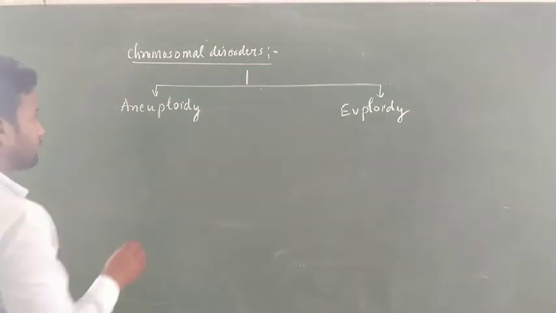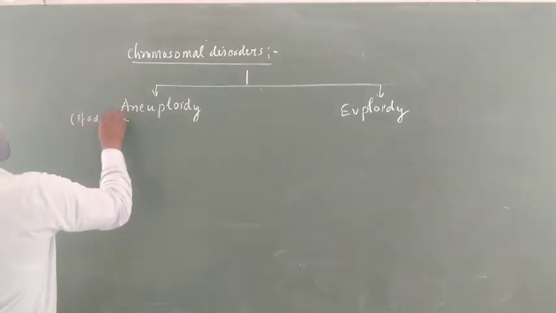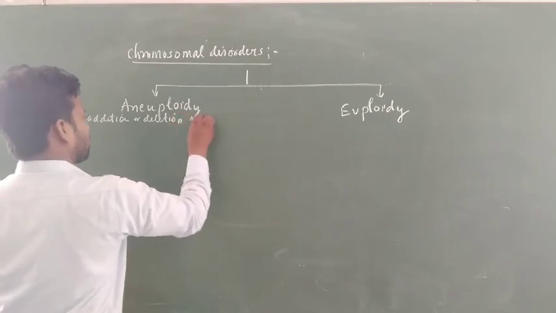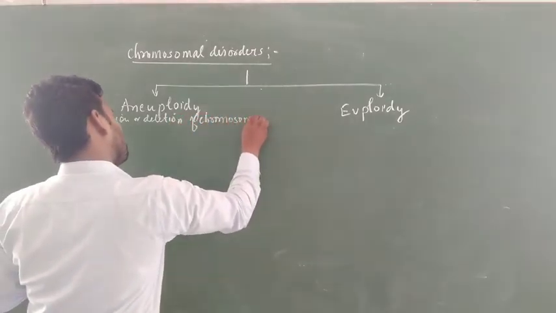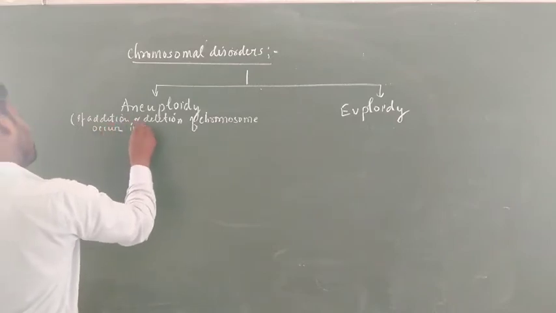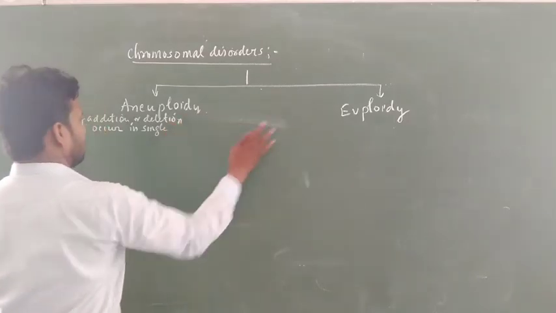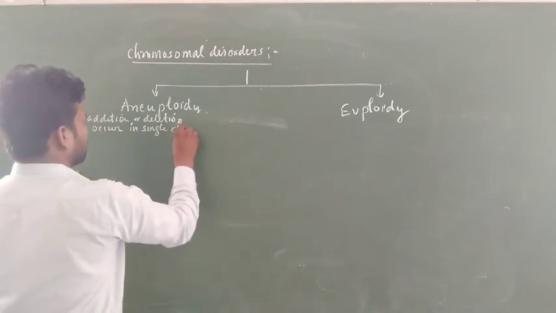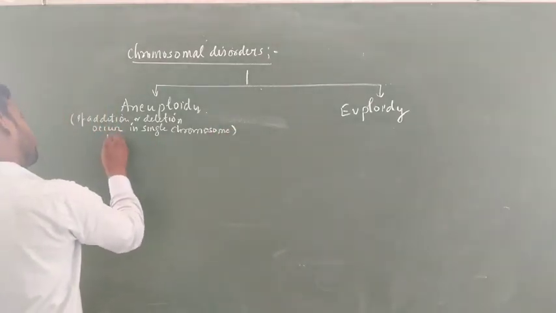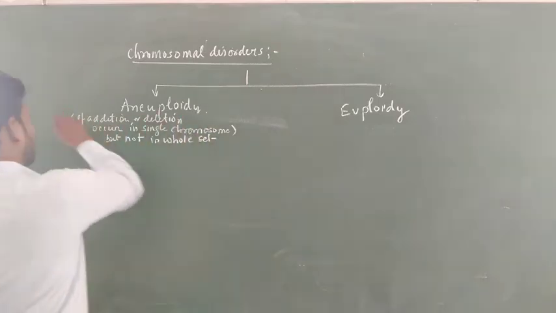How can you define aneuploidy? If addition or deletion of chromosome occurs in a single chromosome, but not in the whole set, this is called aneuploidy.